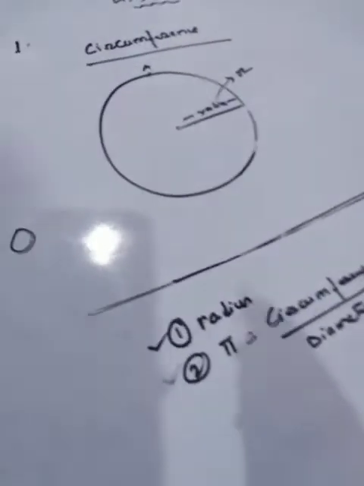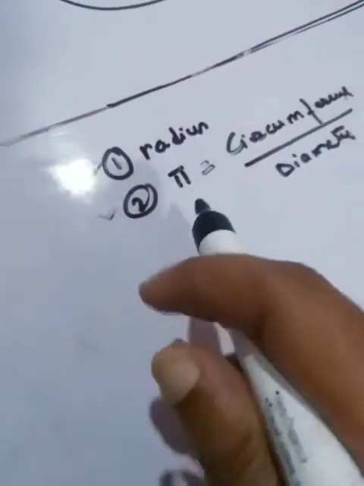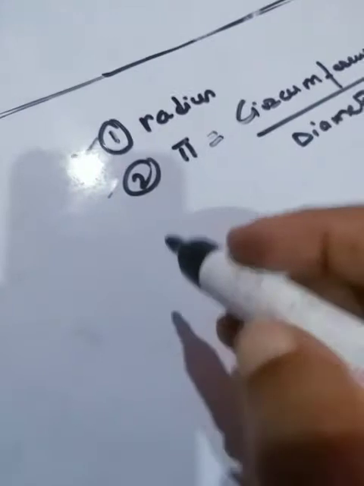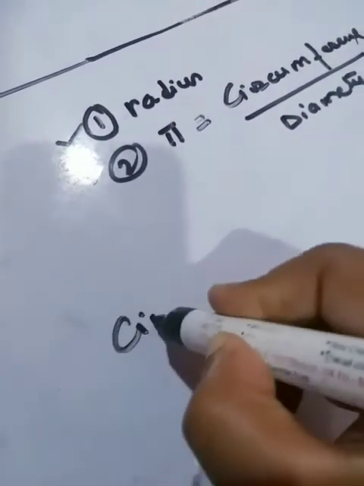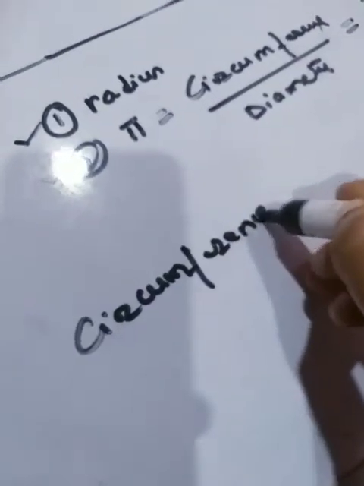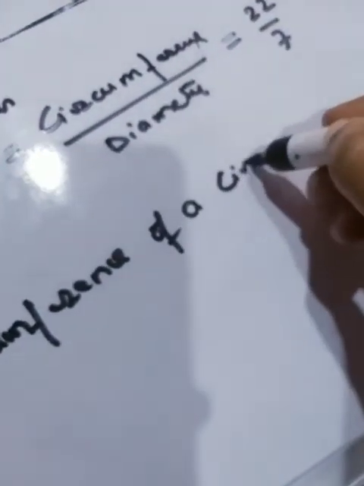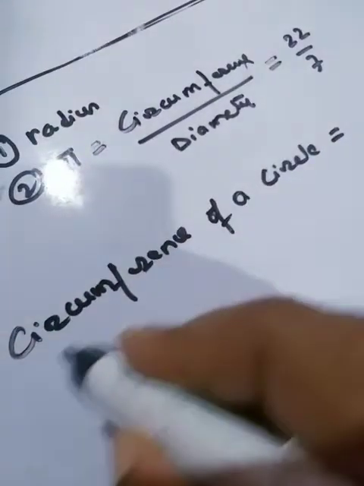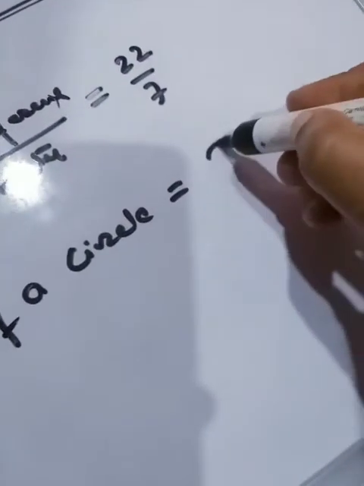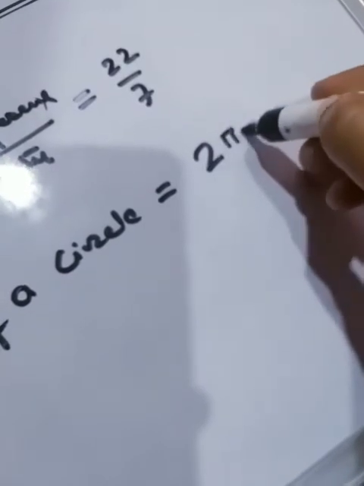Now before we get on with the first sum of exercise 11.3, let me give you the formula of circumference of a circle. The formula of the circumference of a circle is 2 pi r.